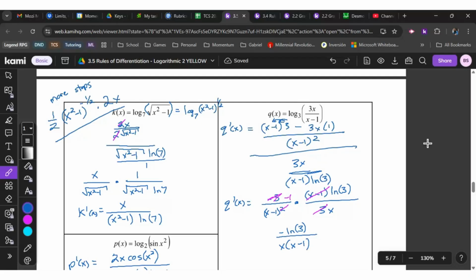Or if you prefer, x squared minus x. Doesn't matter. Does that make sense? Wait, I missed something, didn't I? No, I didn't, because the ln 3 was on top. Okay.